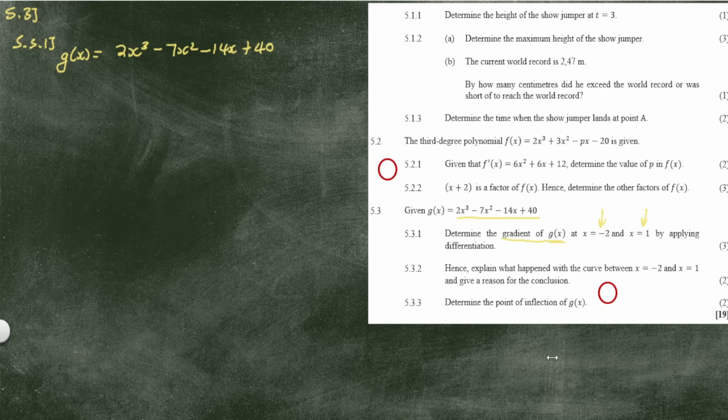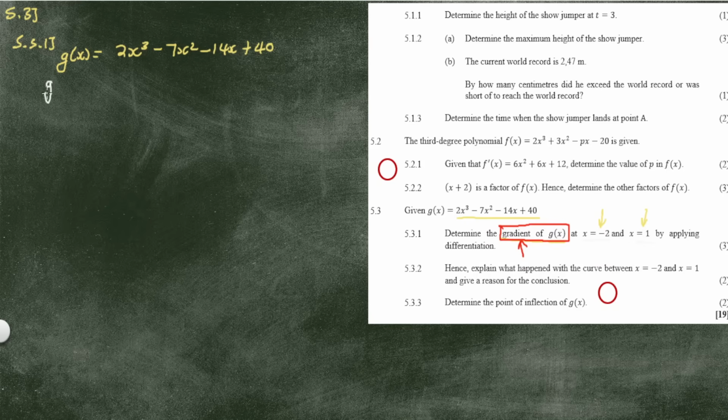Maybe now I read just to emphasize this point. Gradient of g. In calculus, once you speak about the gradient, just know that it's actually a derivative, right? You're gonna have to find a derivative and substitute these values. Then you'll get your gradients at these points.